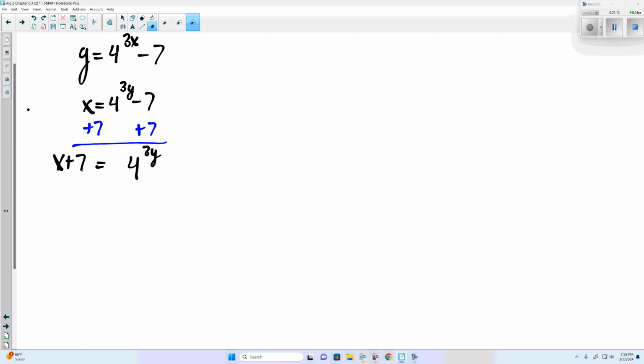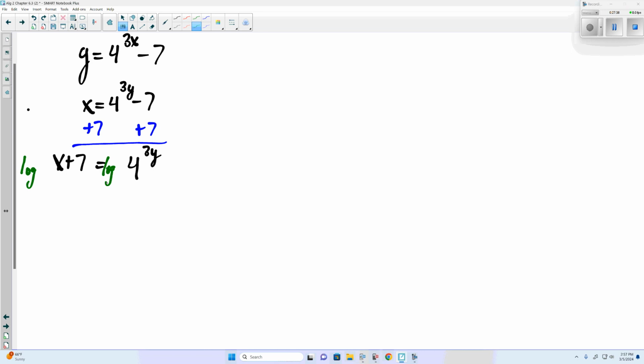Now we would want to try to get it in exponential form, or we can apply a log base to both sides. If we applied a log base, what log base would we use? What number are we trying to get to simplify?